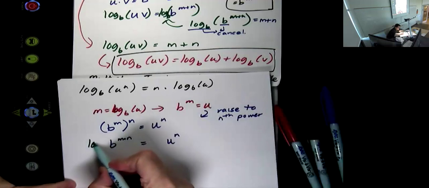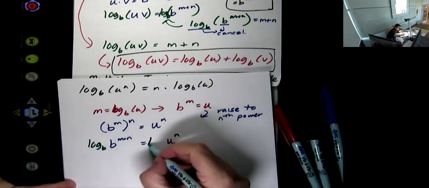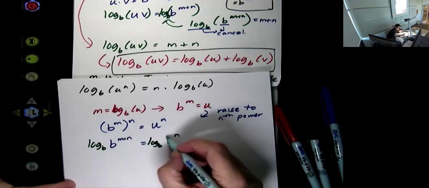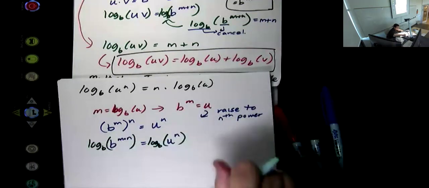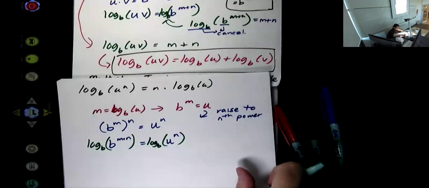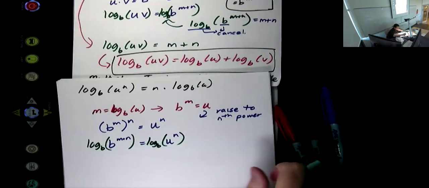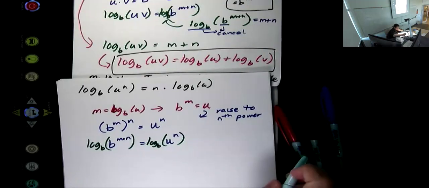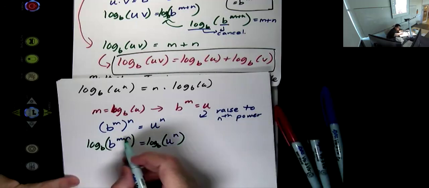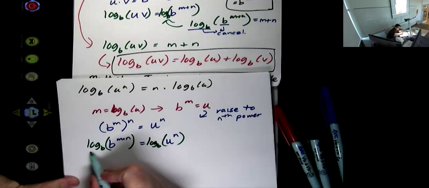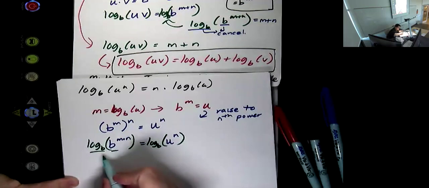We'll do what we did in the last problem, we'll take log base B of both sides. Here the M and the N come down because log B and base B cancel out.